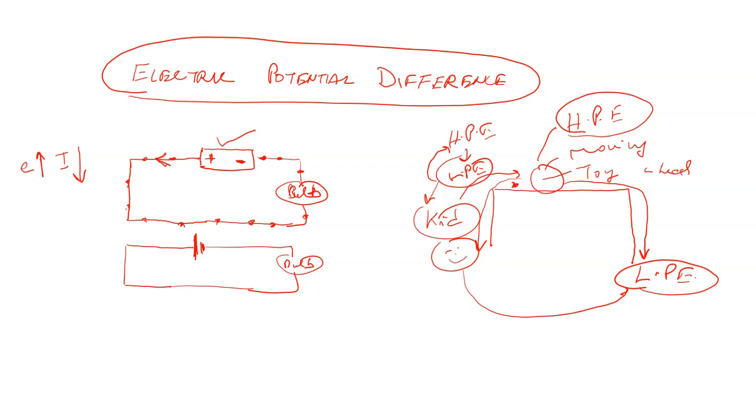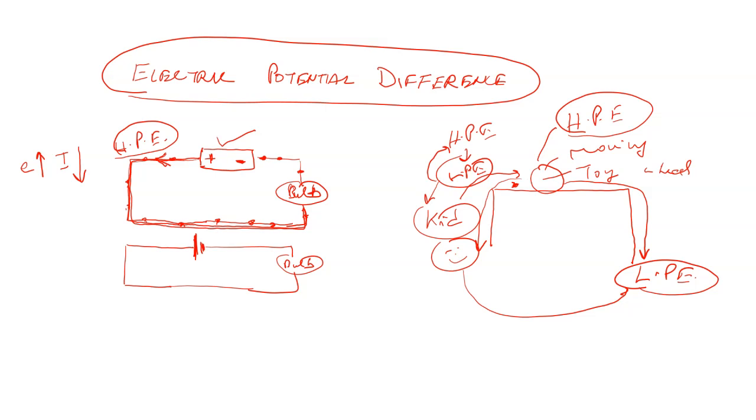So here the positive charge, this side is positively charged. We can say that this side has high potential energy, because the current is moving from this direction to this direction, and due to this current, this bulb will get heated and light up. I am not going into that detail.